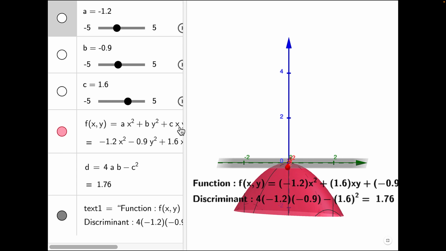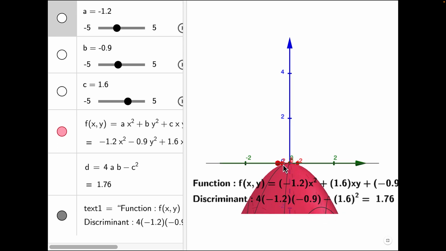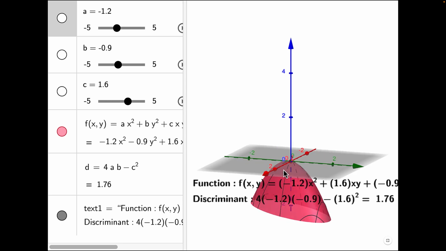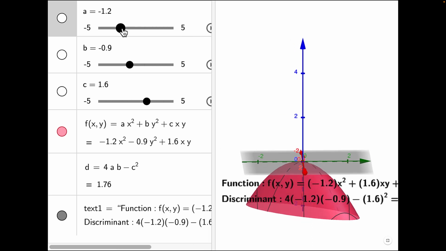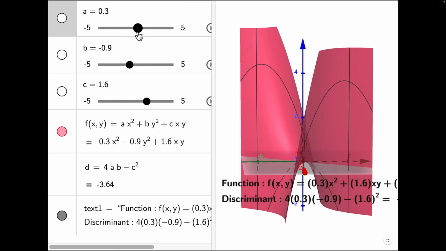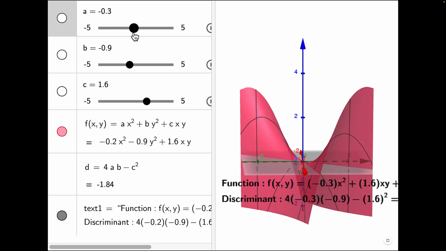Depending on what a, b, and c are, which are related to the different second derivative values at the critical point, you get a different shape. With the values currently assigned to a, b, and c, we have a paraboloid looking downward. I can move this around a little bit more, and you see the saddle point.